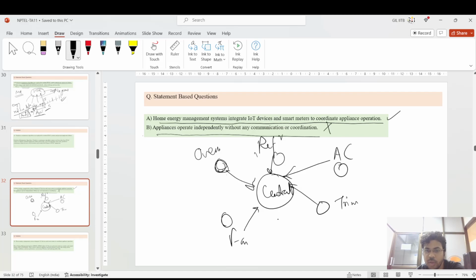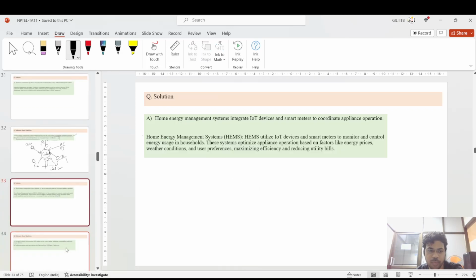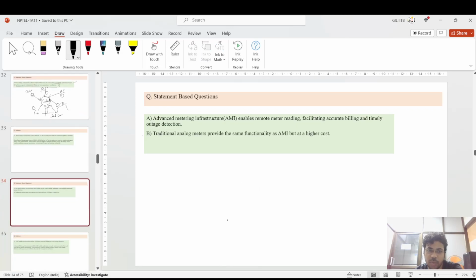Their data is already given to the central controller. It will check whether it is a peak hour or not by observing the previous load curves. Based upon that, they will communicate and coordinate which appliances should be off in that particular time frame.